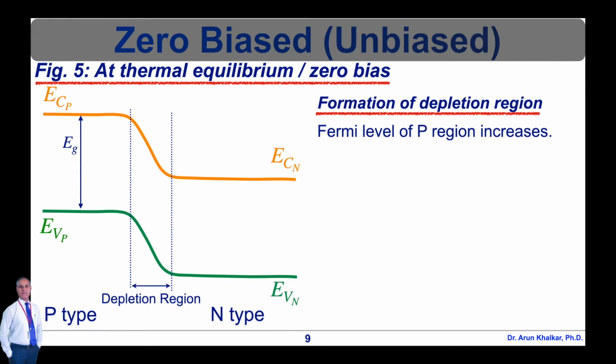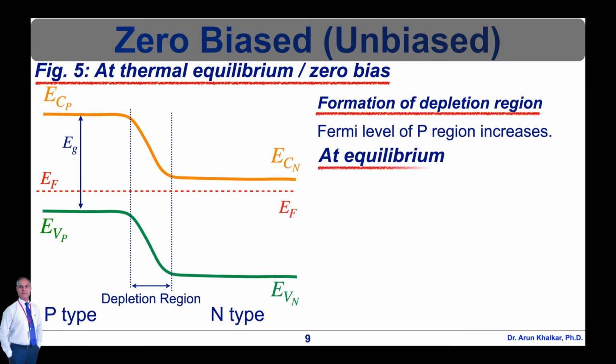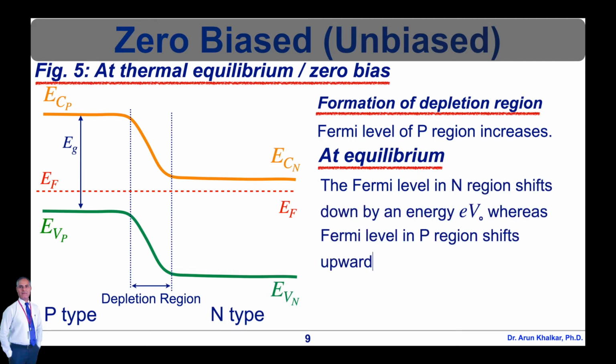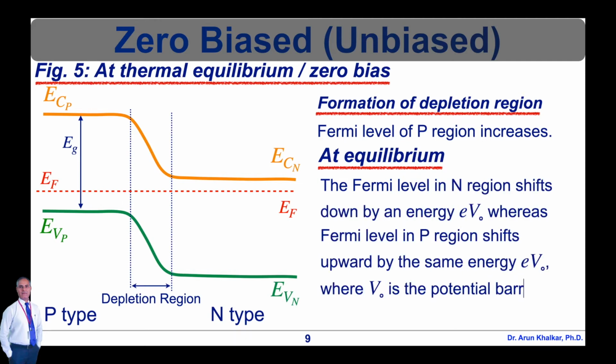Thus, the Fermi level of the P region increases. When equilibrium is achieved, the movement of electrons and holes across the junction stops and a depletion region is formed.